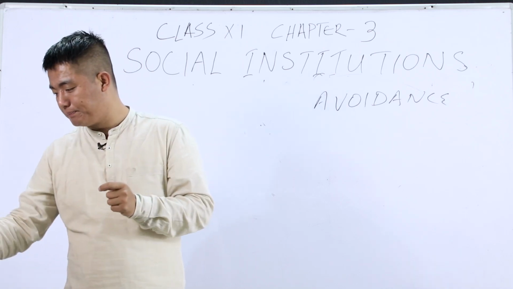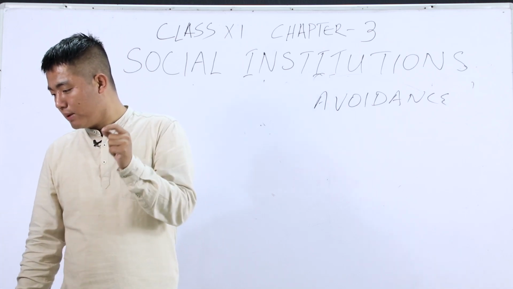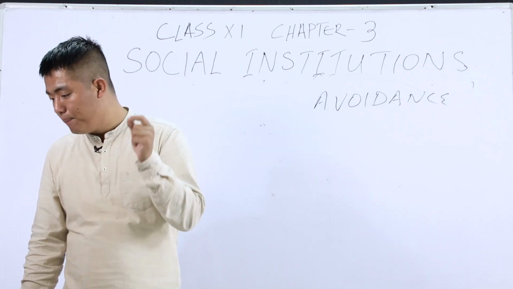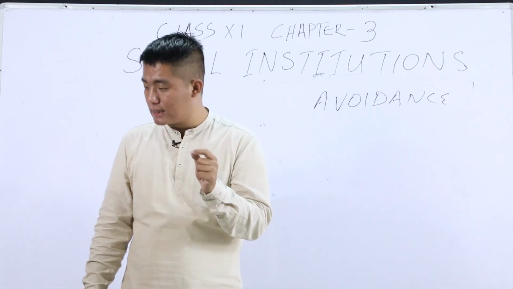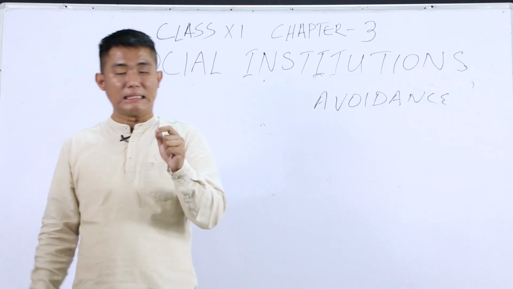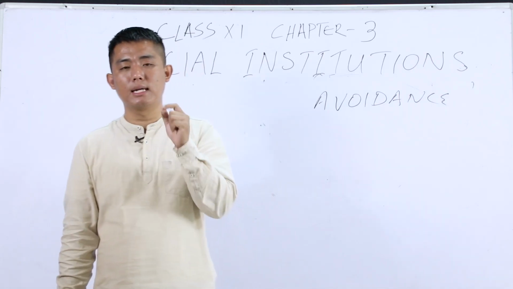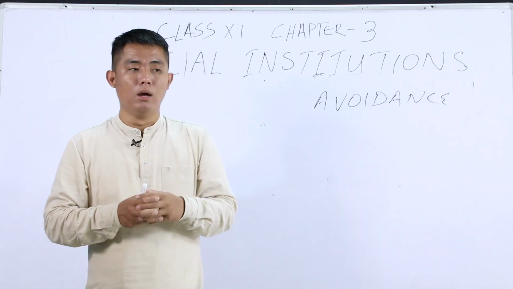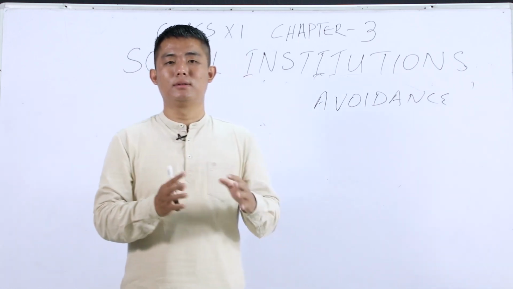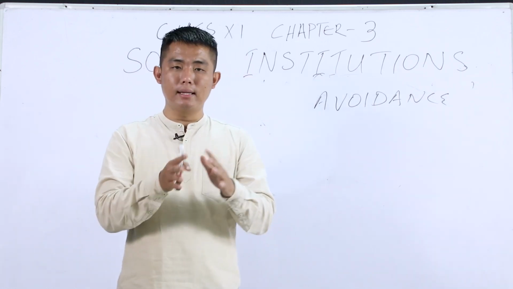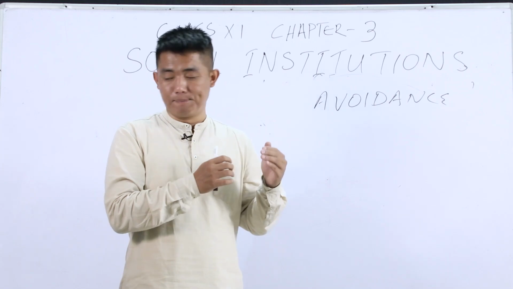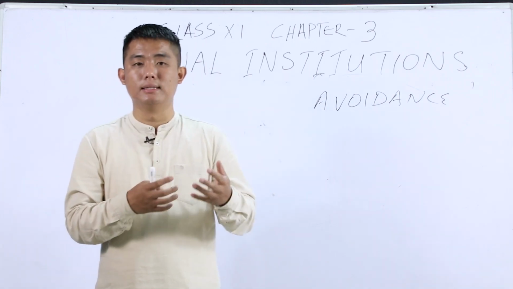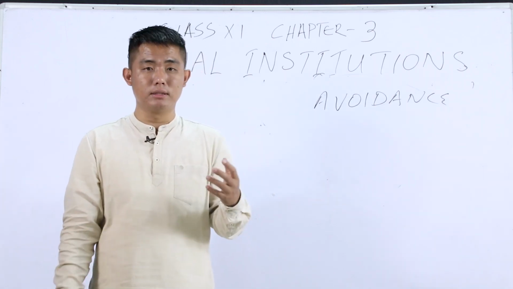The first point. Here, restrictions are imposed on close interactions with certain kinsmen. So you cannot have close interaction with some of your relatives, that is as simple as that. You cannot talk to that person.